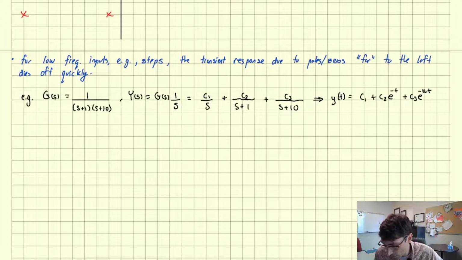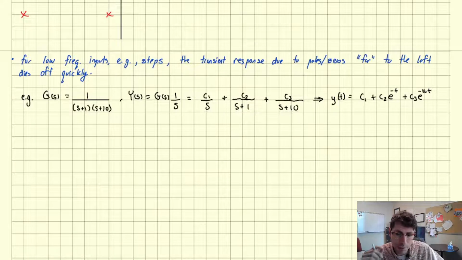And so in some sense, if we were to neglect this in the step response, it wouldn't be perfect, but probably reasonably accurate. You're not going to easily be able to observe this e to the -10t term, depending on the time scale you're looking at. But for most robotics or electromechanical applications.